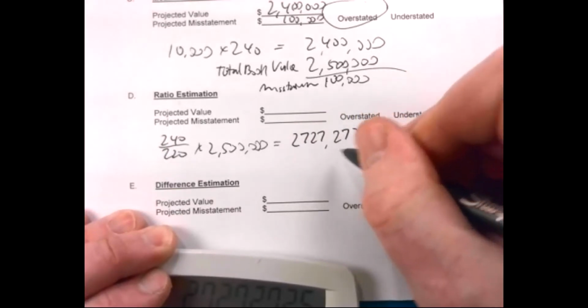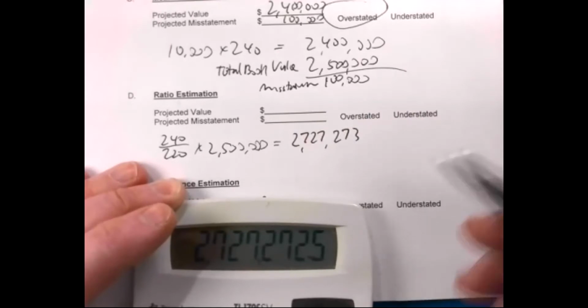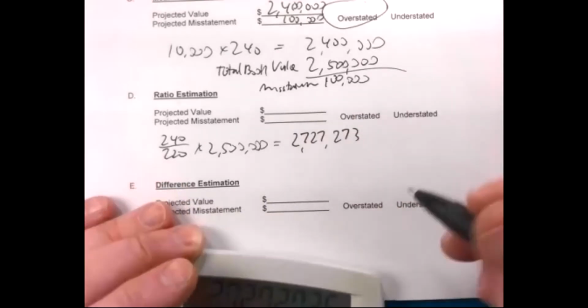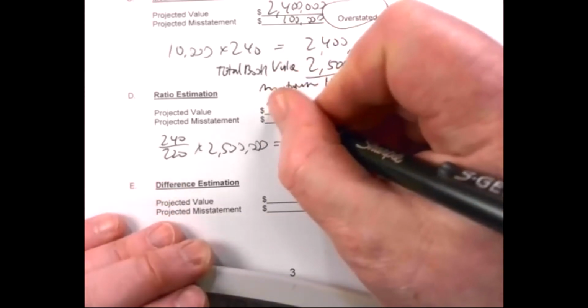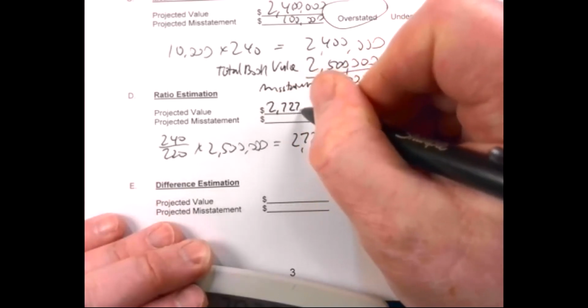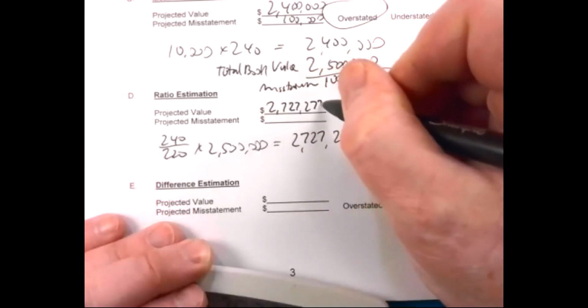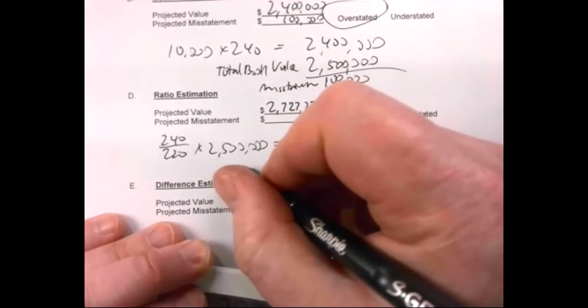The 273, I don't know. I got a cheap calculator. It rounds it off at the end. Pretty close to this. It might be off by $1, but probably it's not going to make any difference in our evaluation.